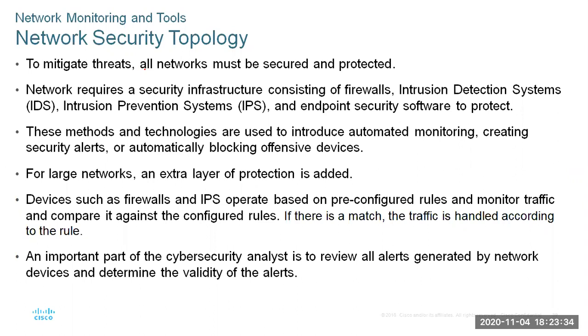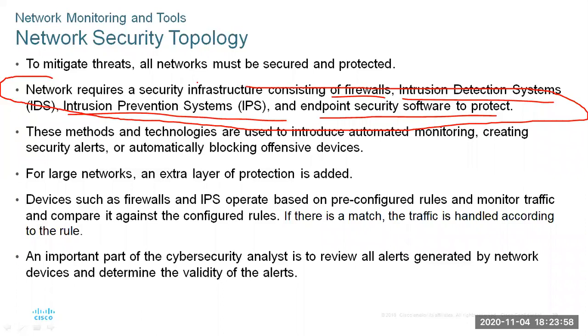A network requires a security infrastructure consisting of firewalls, an intrusion detection system (IDS), an intrusion prevention system (IPS), and sometimes endpoint security software. You need this in your network in order to be secure. These methods and technologies are used to introduce automated monitoring, create security alerts, and automatically block offensive devices.